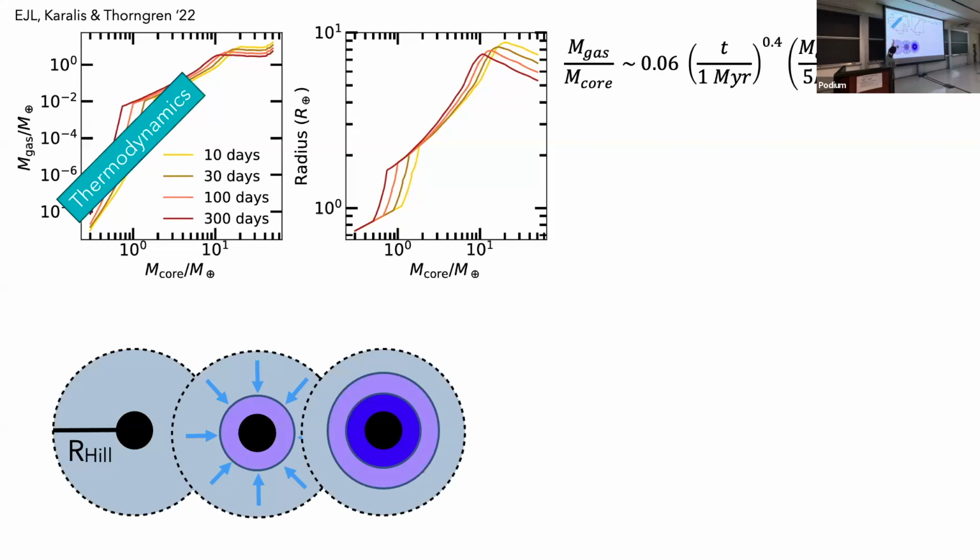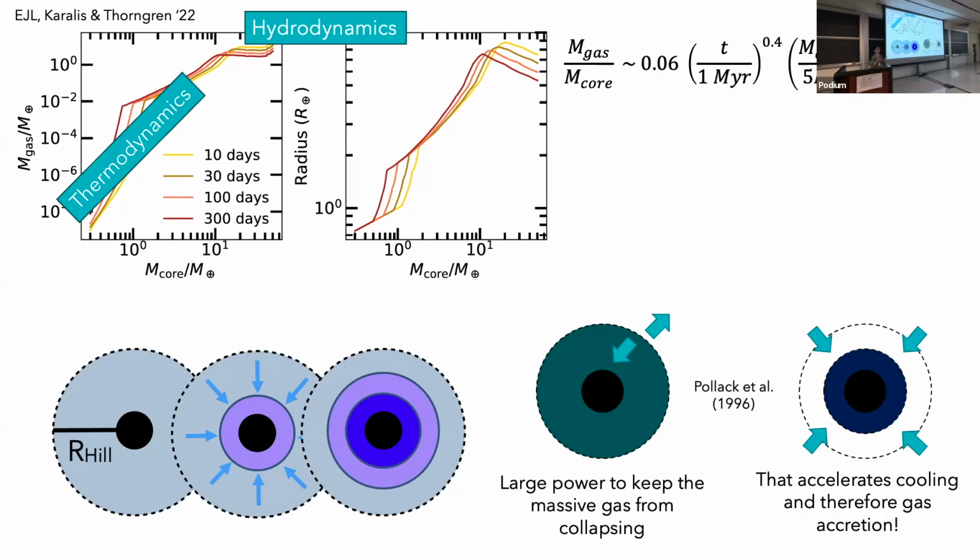So all these features that you see on the left-hand side, for the lower mass space, the physics that's driving that feature is simply thermodynamics, like how rapidly the gas can cool when the core is still embedded in the gaseous nebula. Now, if the gas mass becomes large enough, when the self-gravity of the gas becomes important, it's no longer thermodynamics, it switches to hydrodynamics. The total mass is now limited by the hydrodynamic flow onto the vicinity of the planet.